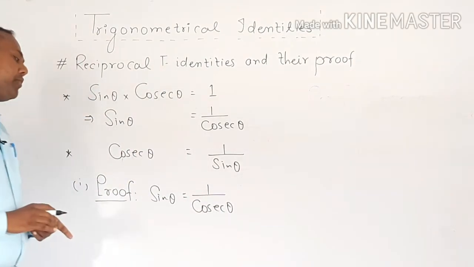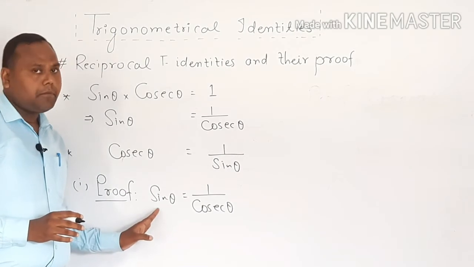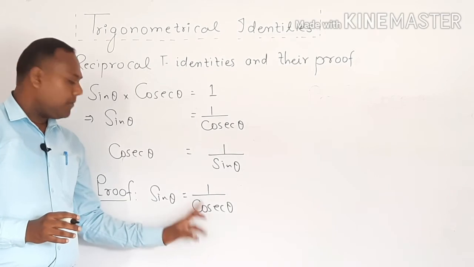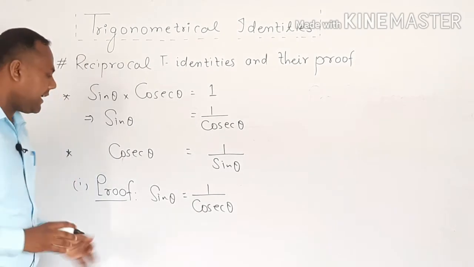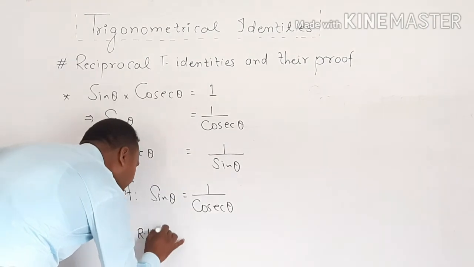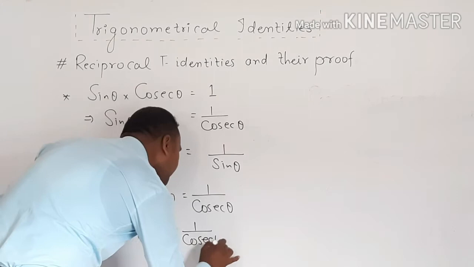Now how can we prove it? Firstly, we already discussed sine theta means p upon h and cosec theta will be equal to h upon p. That's why we take RHS. RHS means 1 upon cosec of theta.